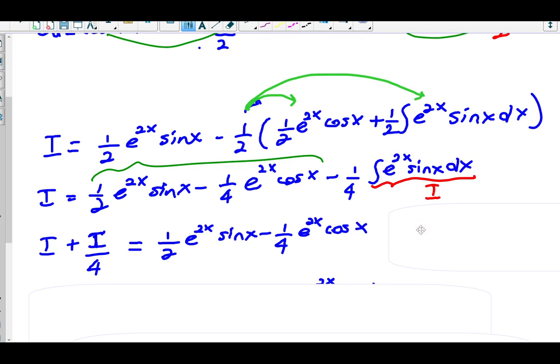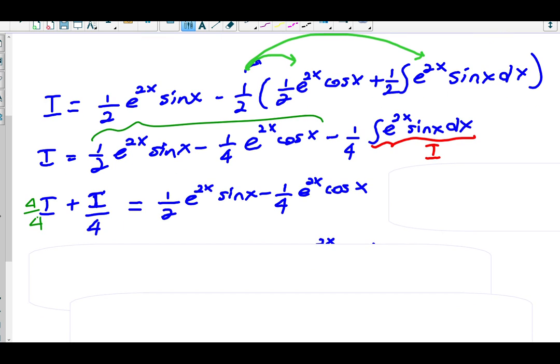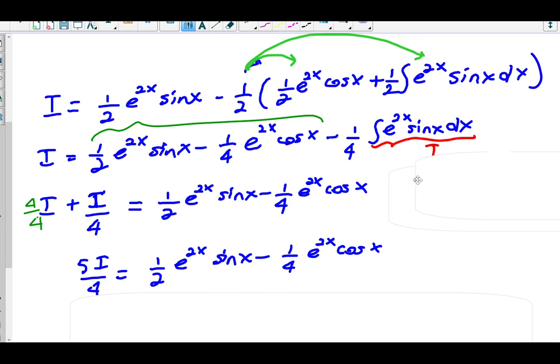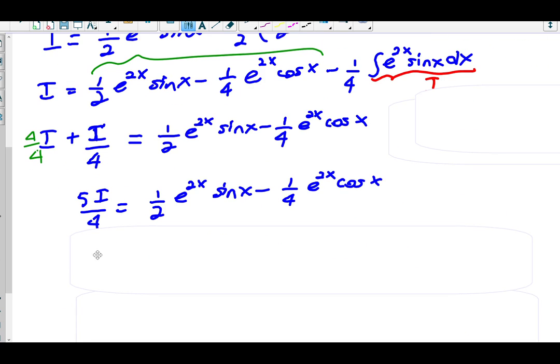Okay, at this point, to solve for I, our unknown, I'm going to get common denominators. So on the top you have 4I plus I, or 5I over 4 equals the right-hand side. Right-hand side is unchanged. And finally, to solve for I, multiply both sides by 4 over 5. So do times 4 over 5 on this side, times 4 over 5 on that side.